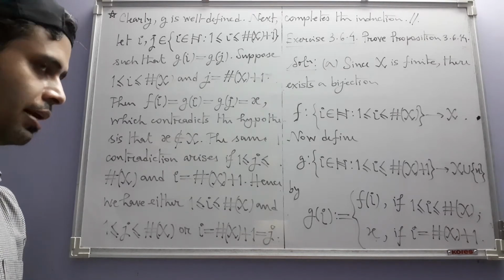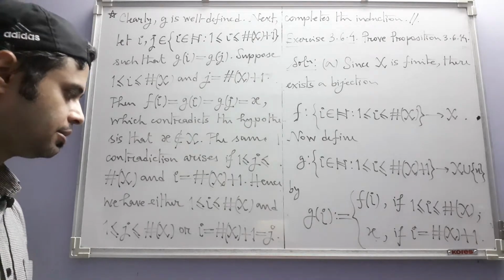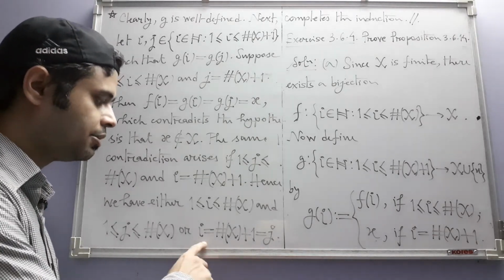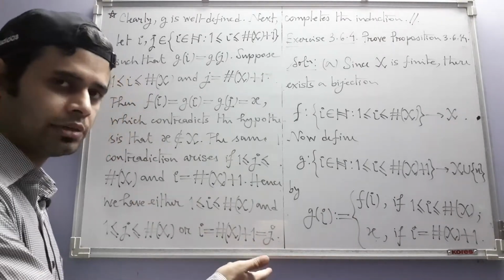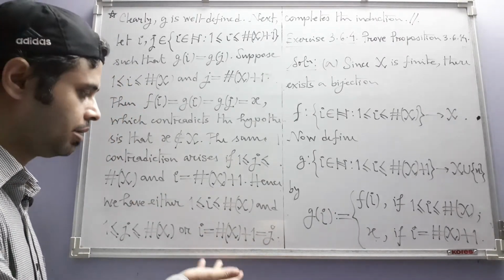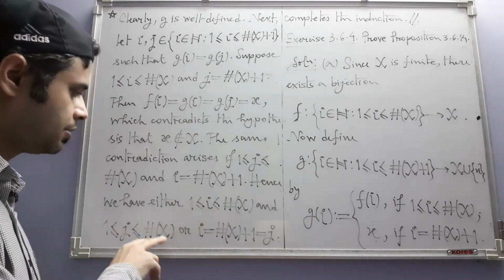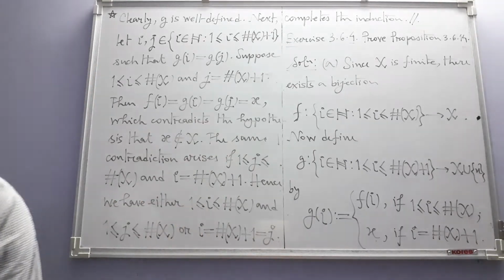So we will now have two cases. One of them is almost, we don't have to in fact do anything. Here we already have I equal to J, and that is our main aim. Here, however, we have to now conclude that I is equal to J.